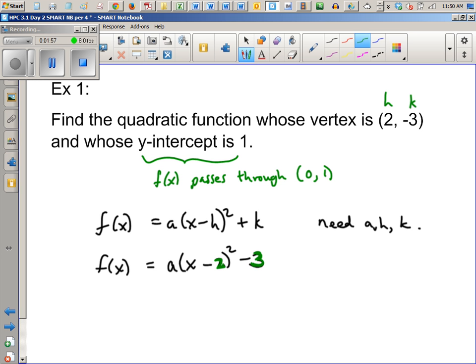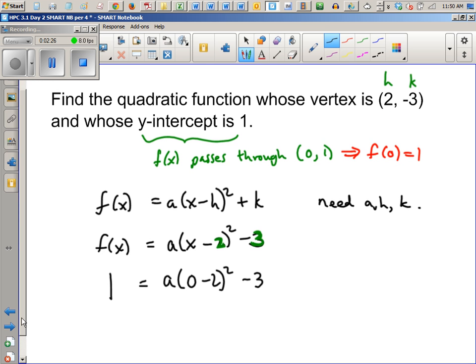Okay, and then what you're going to do is understand that if the function passes through (0, 1), then f of 0 is 1. It's really important you understand that when a graph passes through (A, B), f of A equals B. So I'm just going to go ahead and put 1 on the left, and x is 0. And solving this gives you actually a equals 1, turns out.